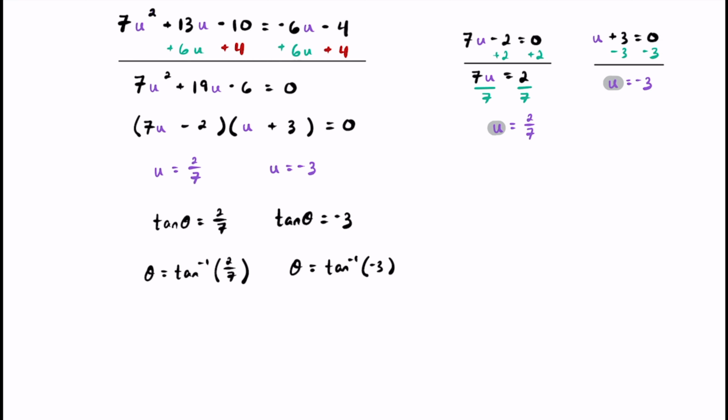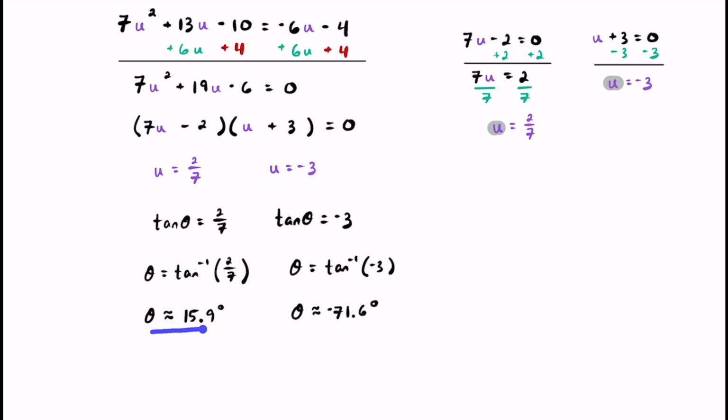All right, so solving these will give us our angle measures. On the left side, if we plug this into a calculator, we should find to the nearest tenths place that this angle measure theta will be about 15.9 degrees. And on the right side, for this arctangent of negative 3, that's going to be approximately negative 71.6 degrees.